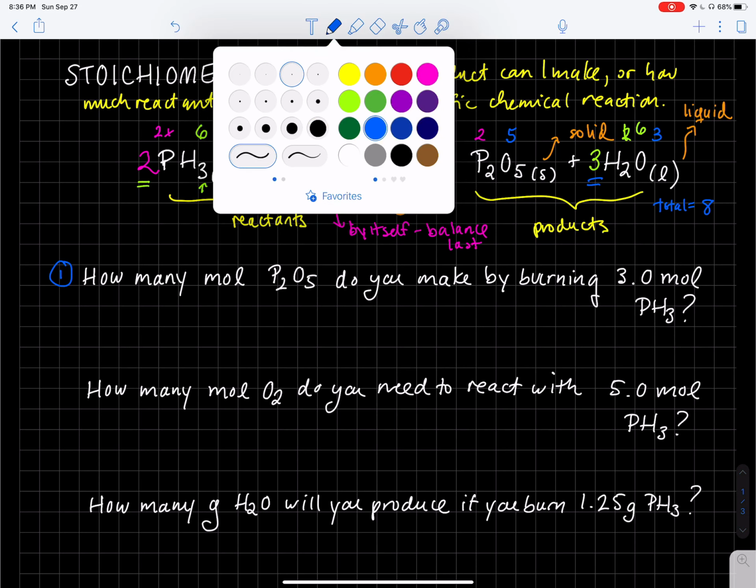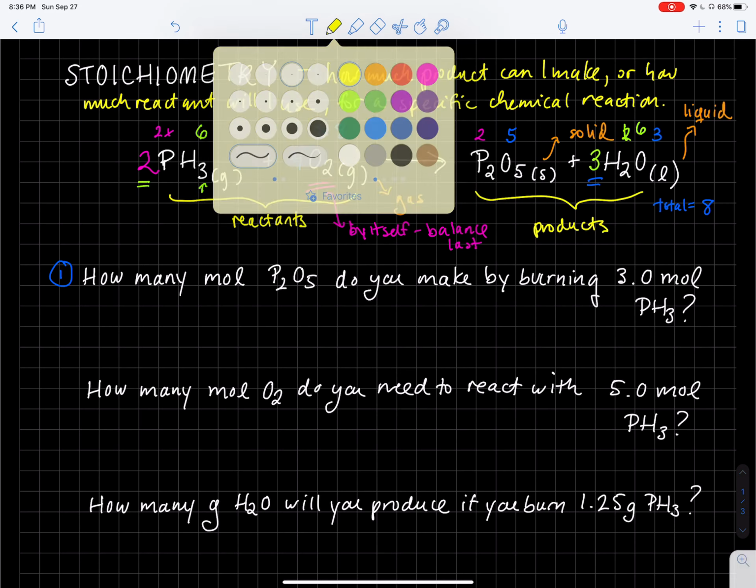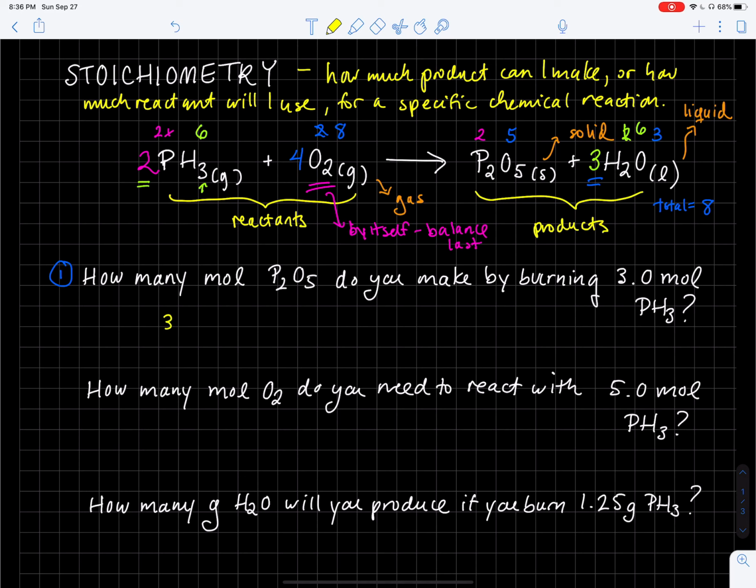And so your starting point here is 3.0 moles of phosphine. And the end point you want to get to is moles, P for endpoint, of P2O5. So here I want to end up with moles of P2O5.